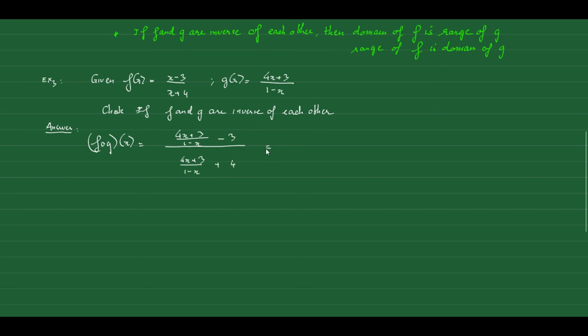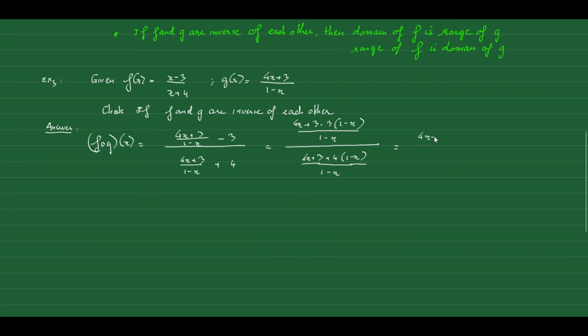This just requires you to simplify a rational expression. Finding the LCD, 1 minus x, I have 4x plus 3 plus 4 times 1 minus x. Keep, change, flip. Distribute it.